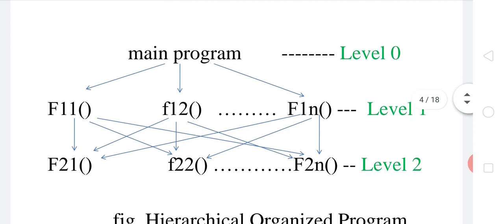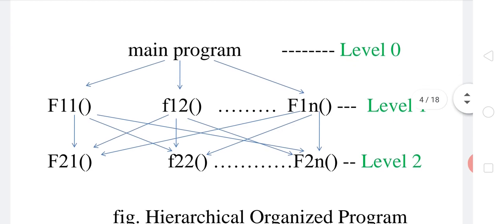Now see in the figure, the main program is placed at level 0. Then a number of functions are placed at level 1. Also a number of functions are placed at level 2. The name of the figure is hierarchically organized programs.